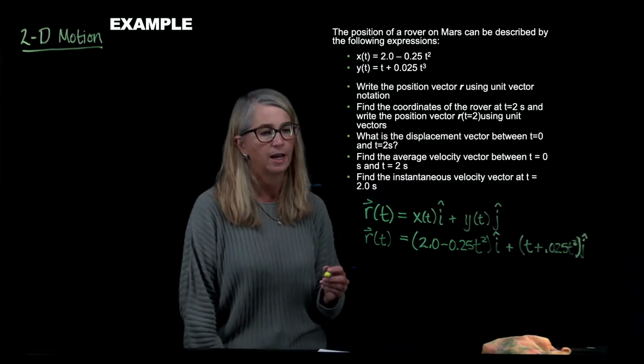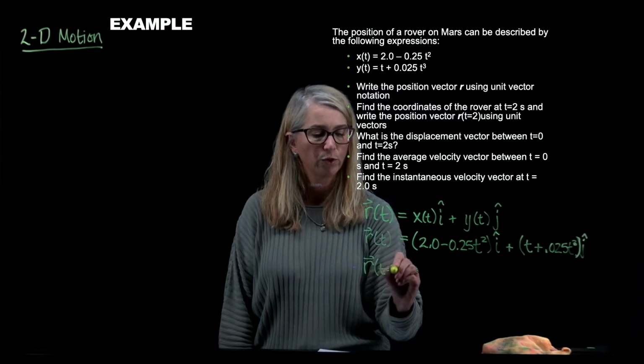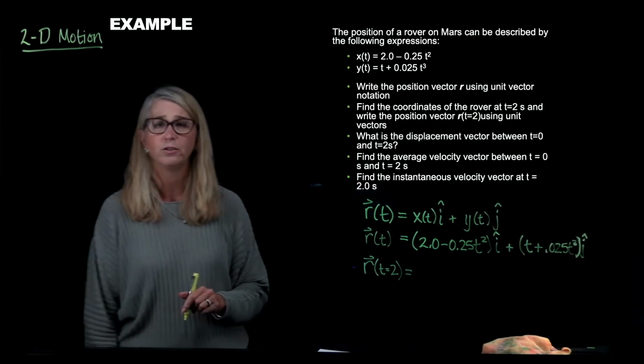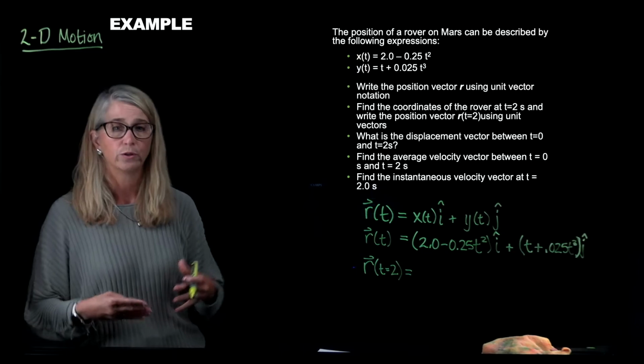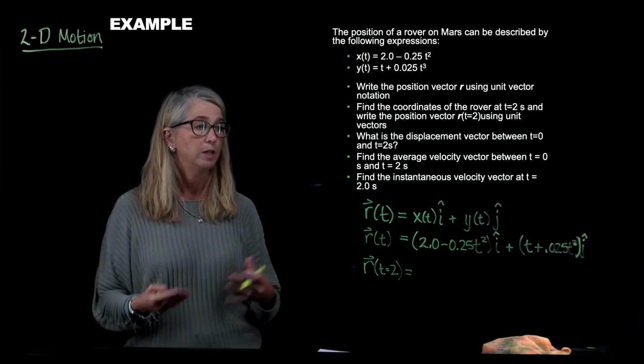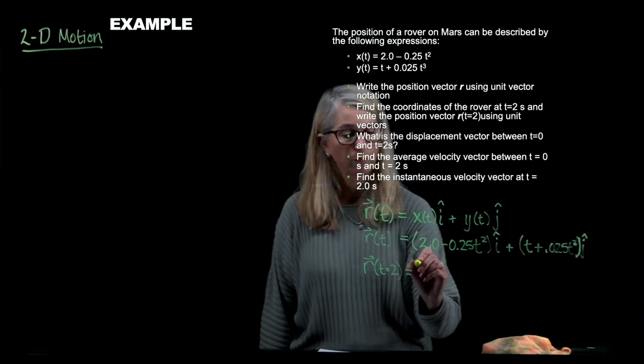So the next thing they ask us is, what is the position vector at t equals 2 seconds? As you might suspect, all I need to do to solve this part of the problem is let the time equal 2 anywhere I see it in these expressions.